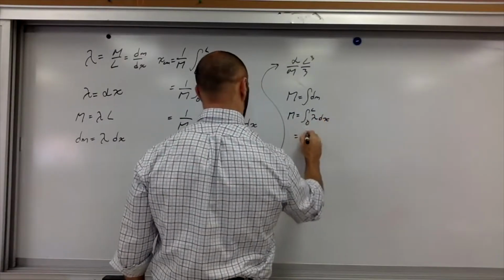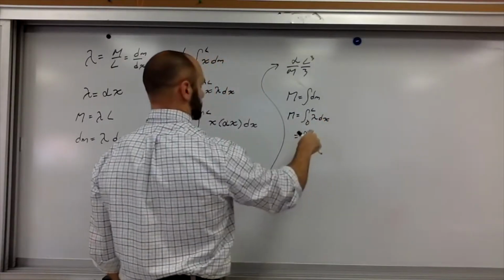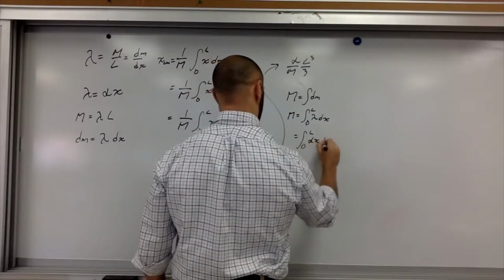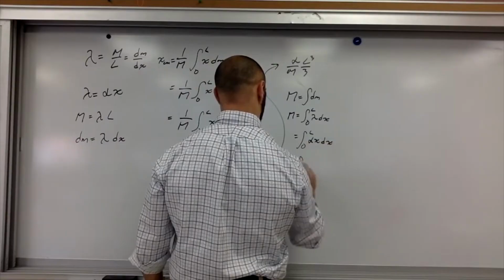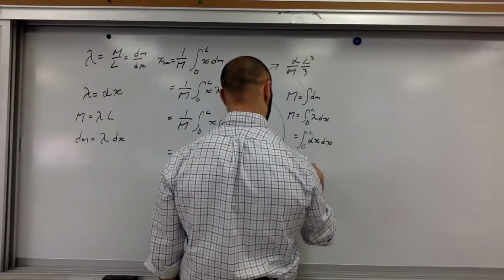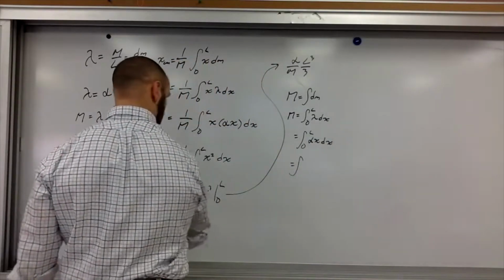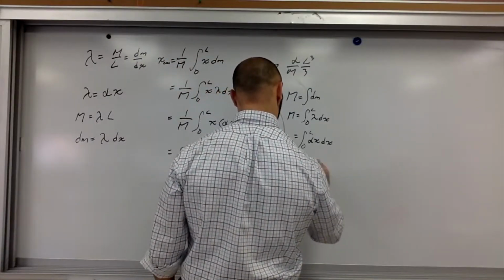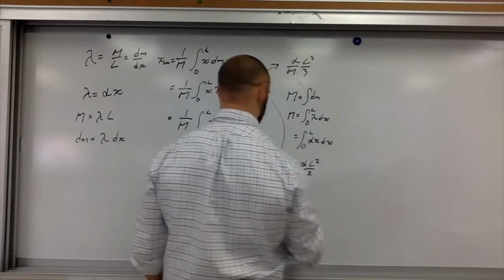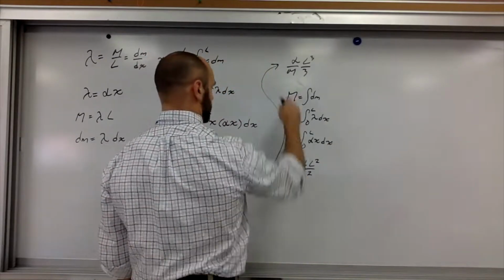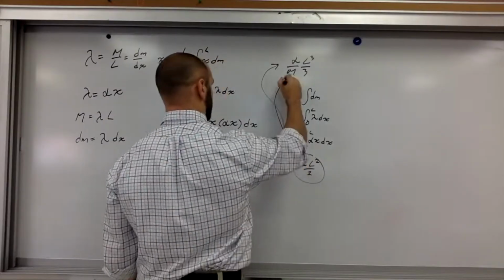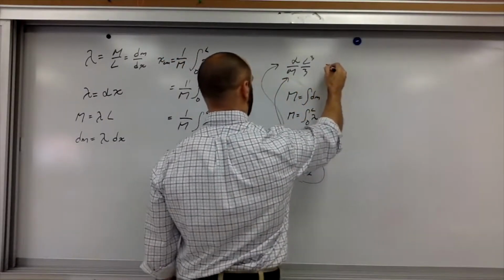But lambda is alpha x, so alpha x dx. So I end up with alpha L squared over 2. And then I can plug this in here, because this is what big M is equal to. That's the total mass.